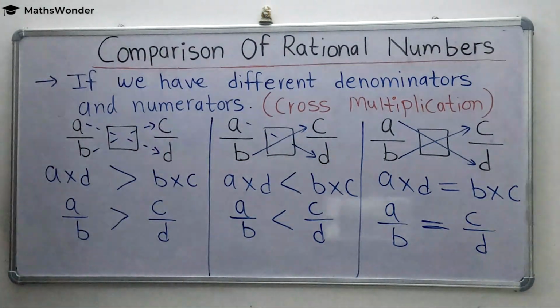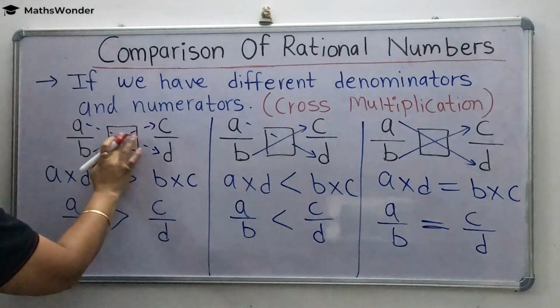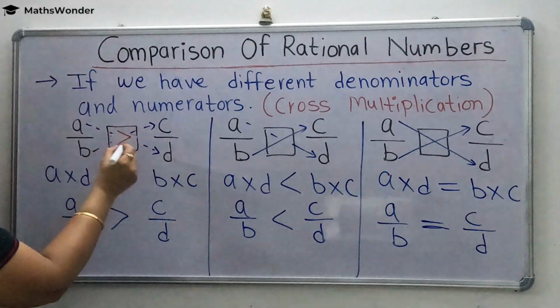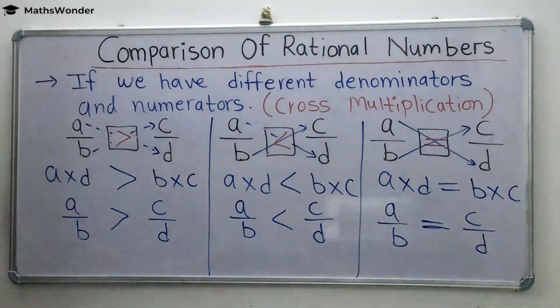So the three cases that arise are greater, lesser, and equal. You can see these three cases in the questions.